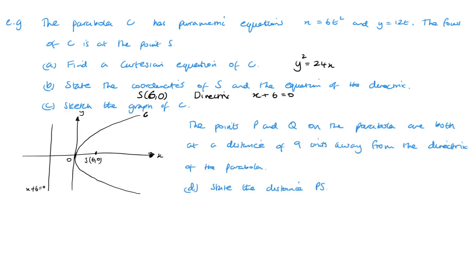Now part D here, state the distance PS. Well, P is obviously up here, that is the point P. It's that distance there. Now we know it's the same as the distance from P to the directrix, and it says up here the points P and Q on the parabola are both at a distance of 9 units away from the directrix.